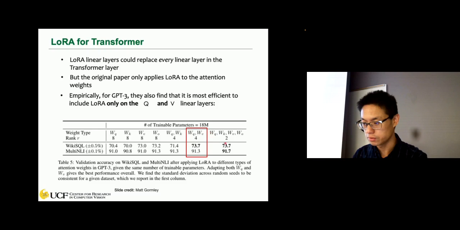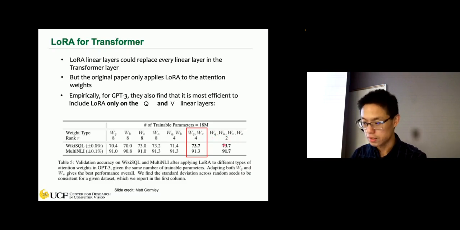If you want to apply to all of them, you have to reduce the rank to 2, because you want the same amount of tunable parameters, 18 million. This is a fixed tuning budget, so with only 18 million tunable parameters, you can make different configurations. You can either make a larger rank and apply to one particular matrix, or make a low rank and tune all these different matrices.